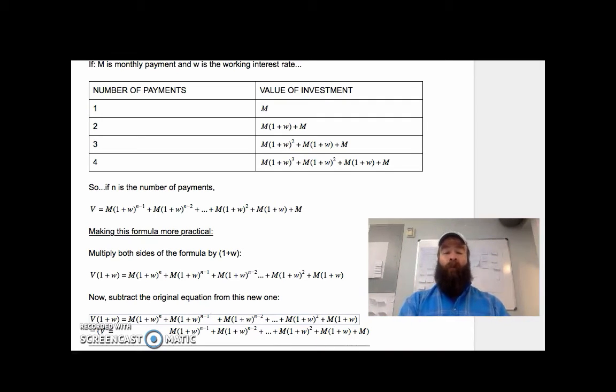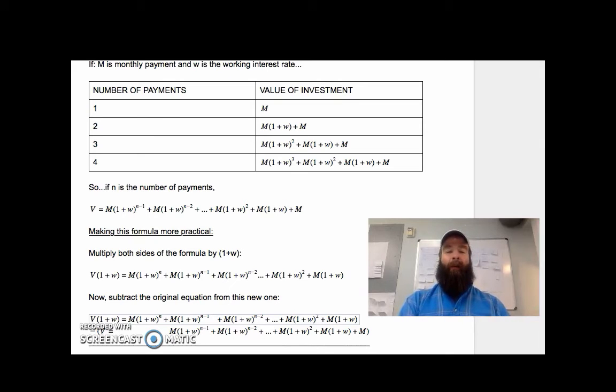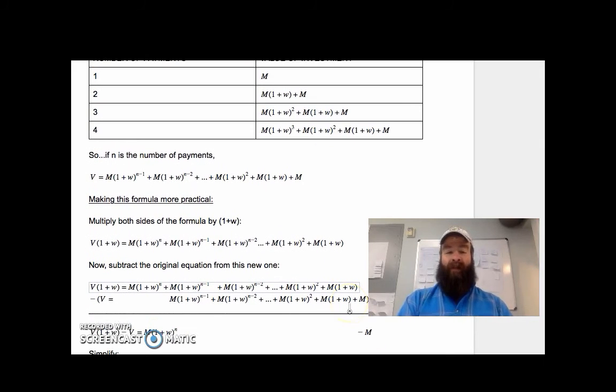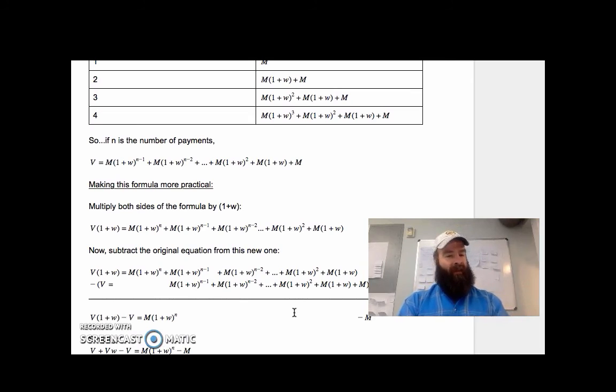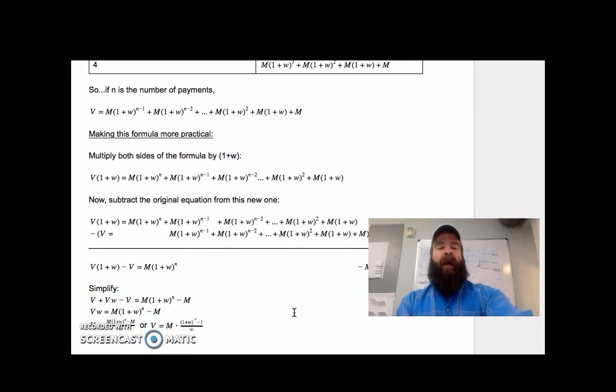And so what I'm left with is this really nice compact piece here, where I have V times 1 plus W minus V on this side, and then these two terms, the first term, which didn't have anything lining up with it, going here, and here, a minus M. All this stuff in the middle subtracts away, and it gives us something that's really nice and compact. So I'm going to bring this down here. There it is written more closely together.